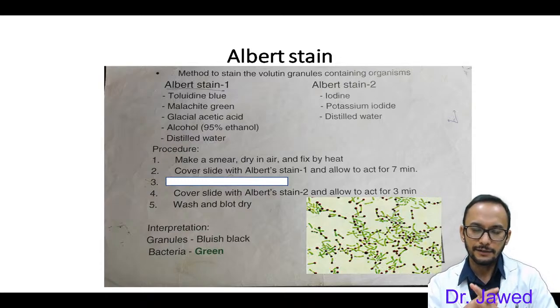Okay, and the pH of the stain is made about 2.8, that is acidic basically, but the metachromatic granules are very highly acidic, so this stain becomes basic for them. So the metachromatic granules take up the toluidine blue and appear purple red in color, and the malachite green is taken up by the cytoplasm and appears green. So this is about the Albert stain.